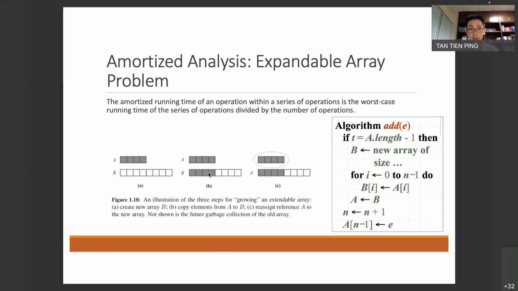Look at the letters A and B. Now B becomes A, and then the initial array A will be removed. Basically these are the steps, and on the right you see the pseudocode.